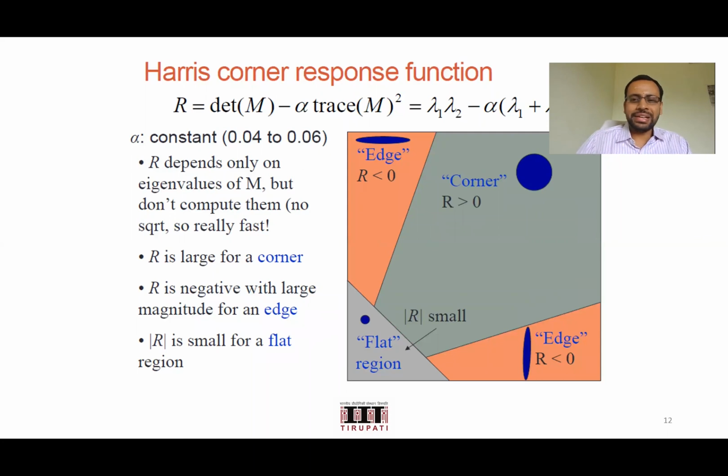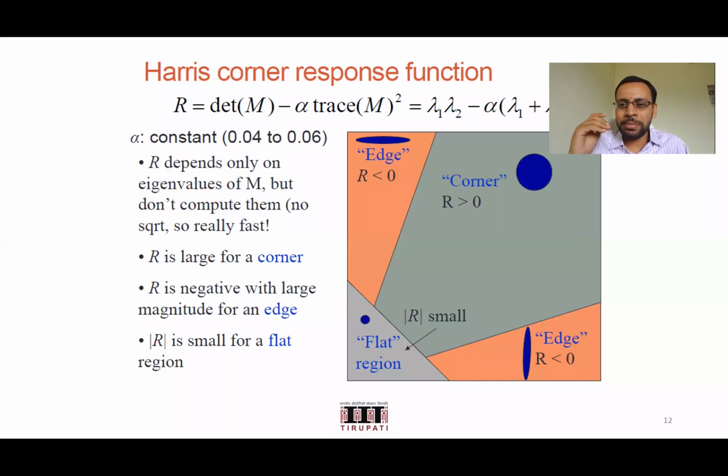Well, consider the calculation of eigenvalues. Imagine an image of 256 by 256 or 512 by 512. Now you need to take these patches at each pixel location, do the square sum, calculate the second moment matrix, and then calculate the eigenvalues.